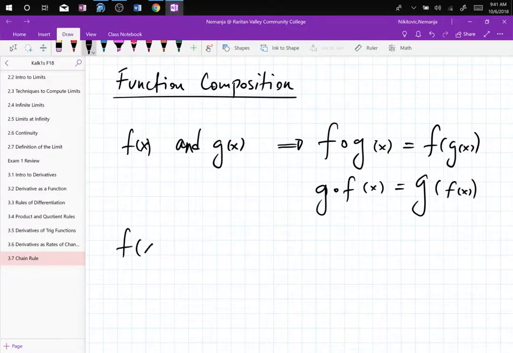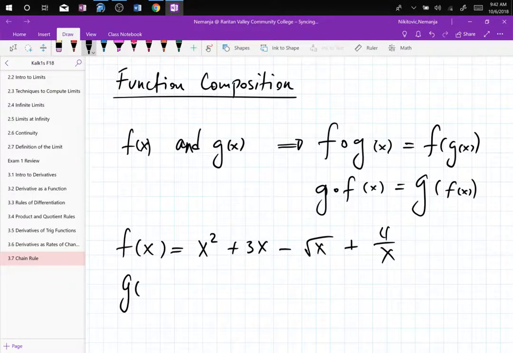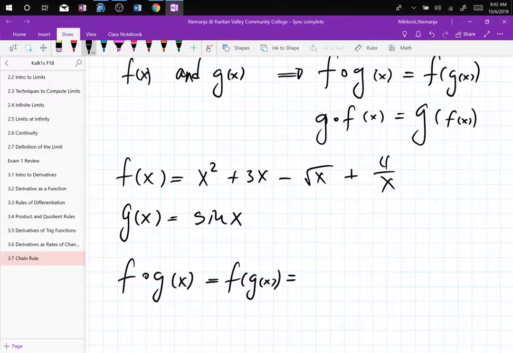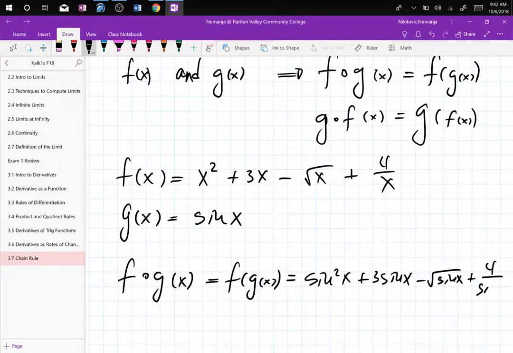So now, if we have that f of x is equal to x squared plus 3x minus square root of x plus, let's say, 4 over x, and g of x is equal to sine x, we can calculate the function composition of f and g, where f is what I call the outer function, boss function, would be sine squared x plus 3 sine x minus square root of sine x plus 4 over sine x.